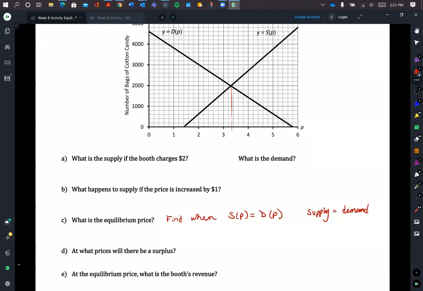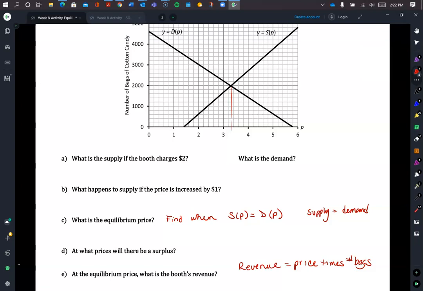But revenue is going to be the price times number of bags sold. Okay, so you can figure that out.